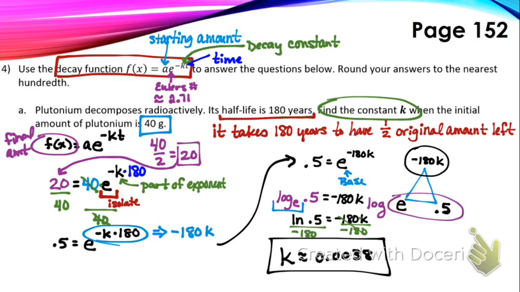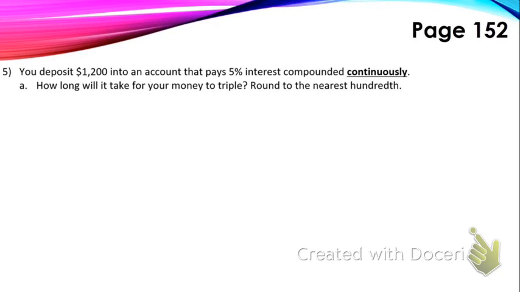We're going to skip down to number 5. I'm hoping that you guys notice a lot of similarities between what we just did on 4A and what we're going to do on number 5, part A. What's happening in number 5? Deposit of $1,200. So this is my starting amount.